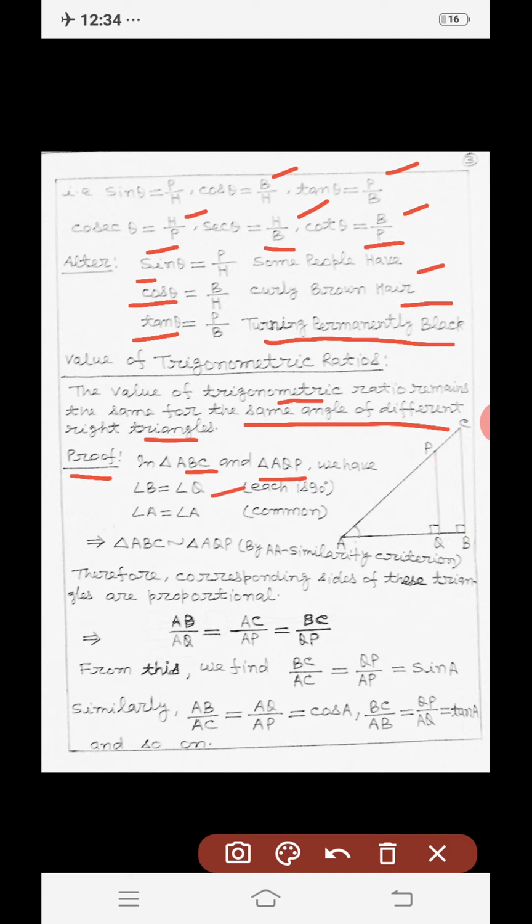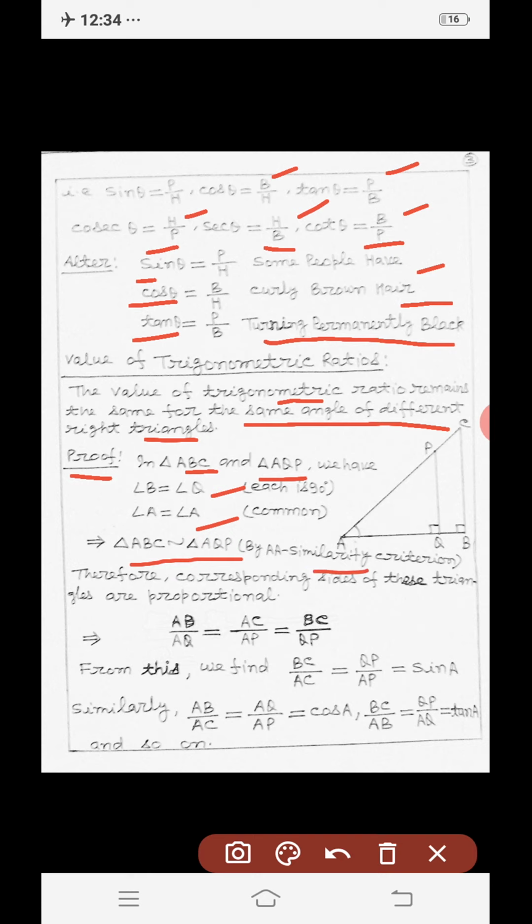Angle A equal to angle A, it is common in both right triangles. So we can say that triangle ABC is similar to triangle AQP by AA similarity criterion. This is the symbol of similar.